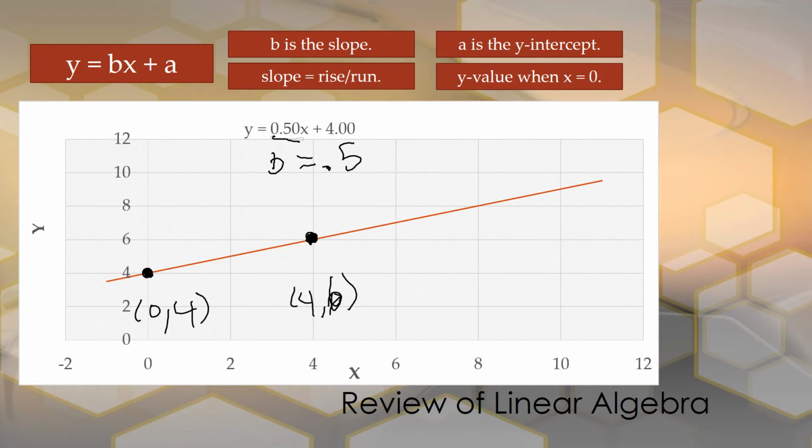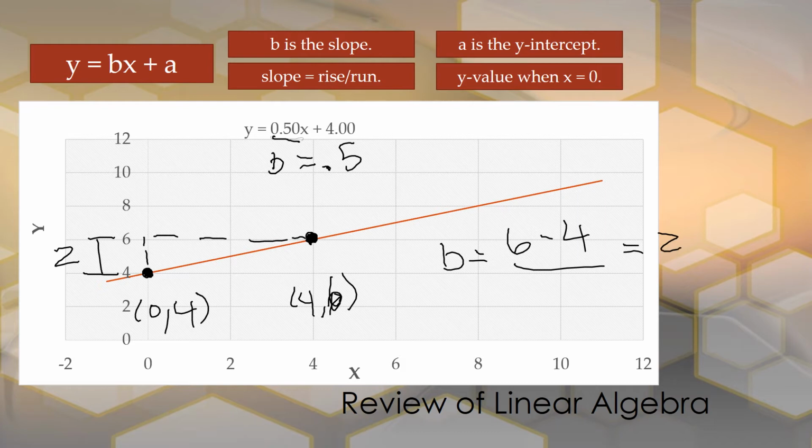And I'm going to find the rise between these two dots. If we make a dotted line here, from here to here, the difference between their heights is 2. See that? 6 minus 4 is 2. But then we also want to know the run.